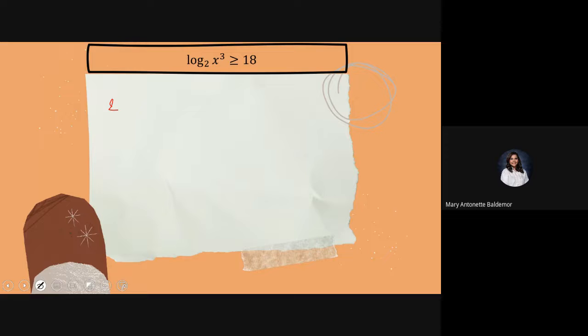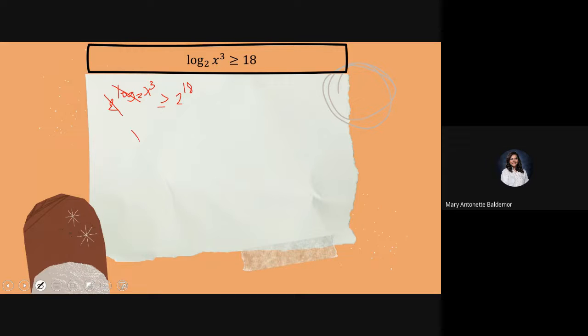So 2 raised to the logarithm of x cubed with base 2 is greater than or equal to 2 raised to 18. So we can now cancel this 2.